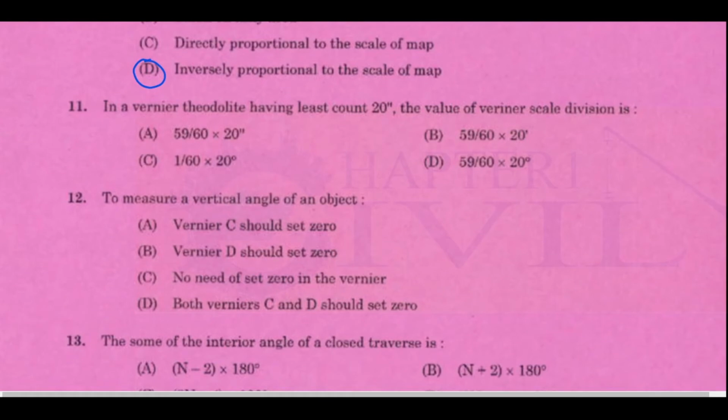The vernier theodolite, question number 11. In a vernier theodolite having least count 20 seconds, the value of vernier scale division is 59 by 60 into 20 second, 59 by 60 into 20 minutes, 1 by 60 into 20 degree, 59 by 60 into 20 degree.